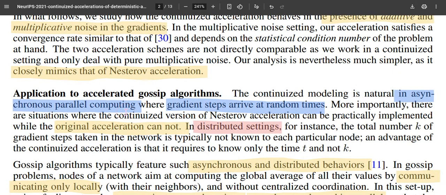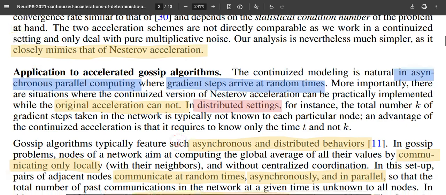If we don't have these random time steps, then we cannot have asynchronous parallel computing, because each and every node doing parallel computation, one way or the other, requires some knowledge about the gradient update. But here, since updates happen at random steps, they don't necessarily have to depend upon the gradient steps of the previous steps.